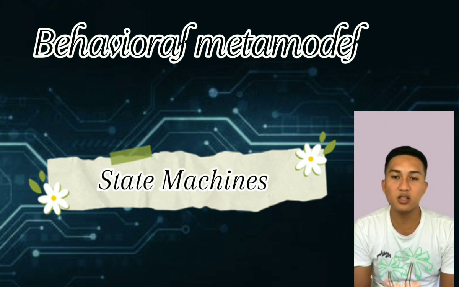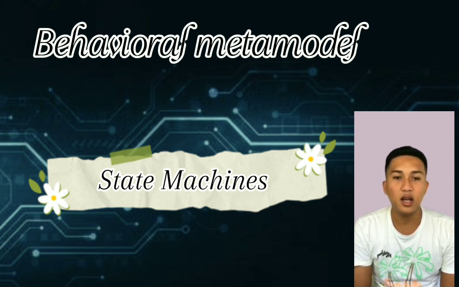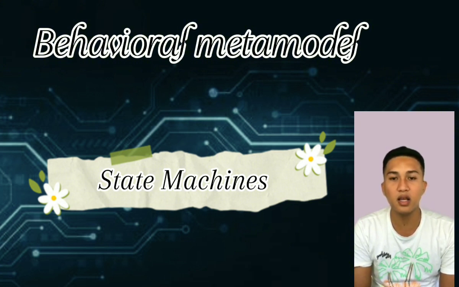A state machine describes the different states that a system or an object can be in, and how it transitions between those states in response to events. They capture the dynamic behavior and help in modeling complex workflows and state-dependent actions.